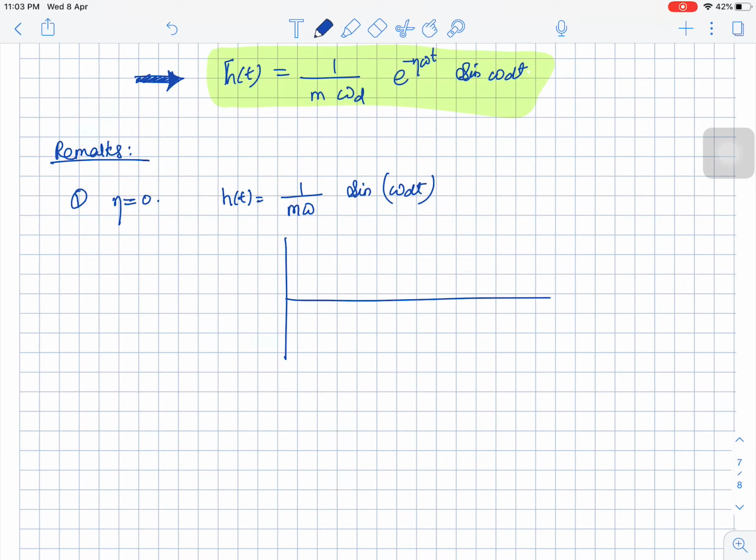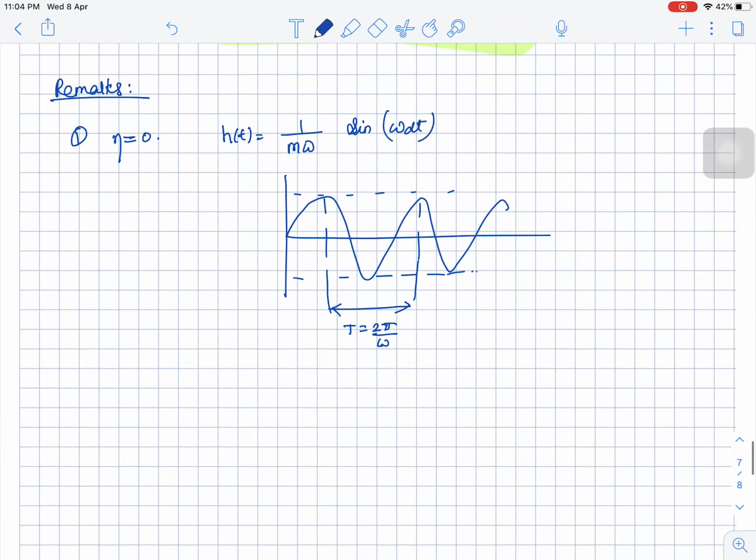So we will get a response with amplitude 1 by m omega, and it will be periodic with period 2 pi by omega, so omega d equals omega.